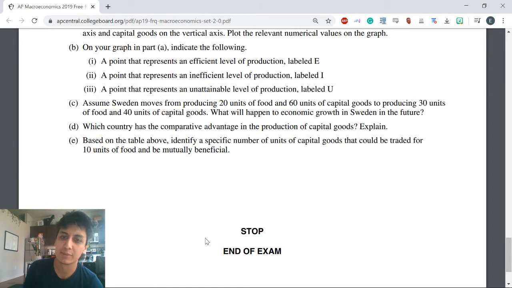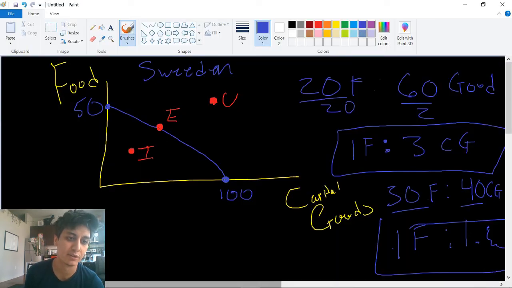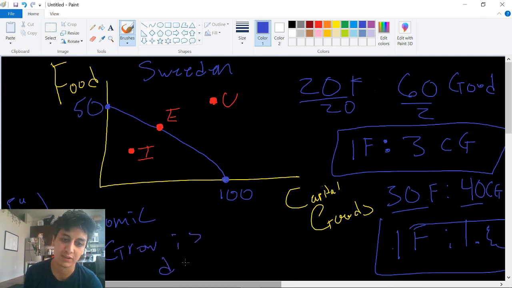What will happen to economic growth? Economic growth will decline. Let's go ahead and just write that out to get that point. So part two. Economic growth will decline.